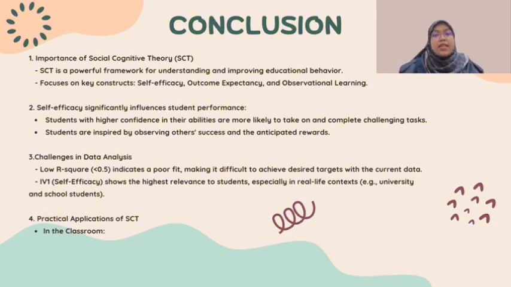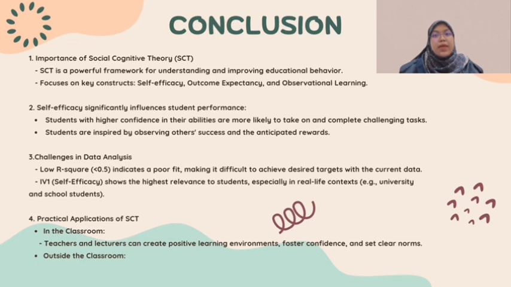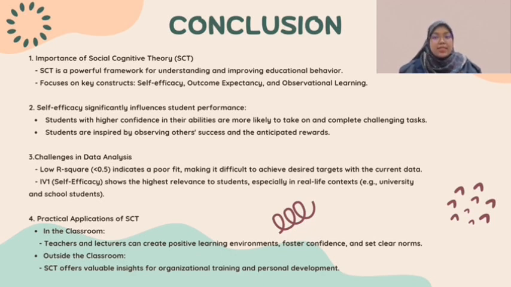However, data analysis reveals challenges such as a low R-squared value indicating a poor model fit. But self-efficacy remains highly relevant in real-world educational contexts. Practically, SCT helps teachers create positive learning environments and provides insight for organizational training and personal growth beyond the classroom.